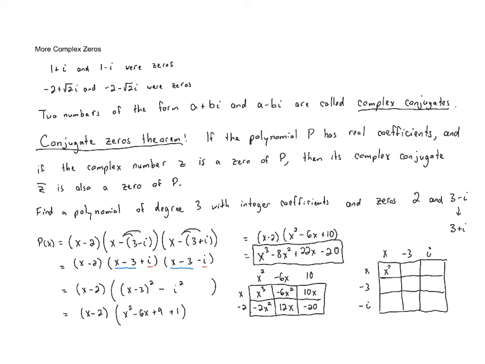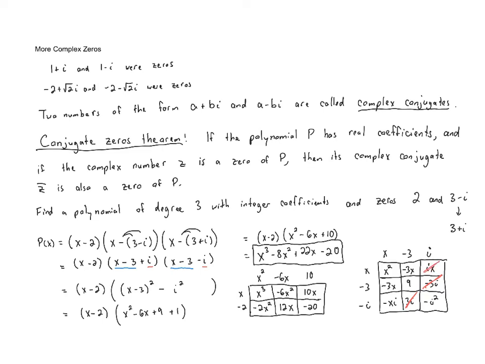And when you fill everything out, which will take just a moment, negative xi, positive 3i, and negative i squared, we can see that the 3i and negative 3i cancel.